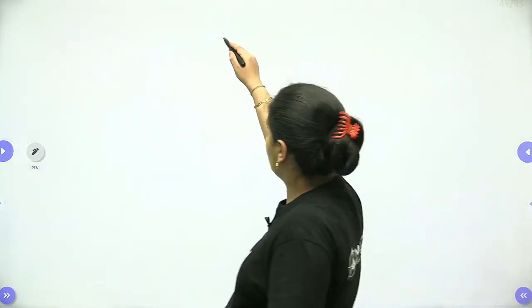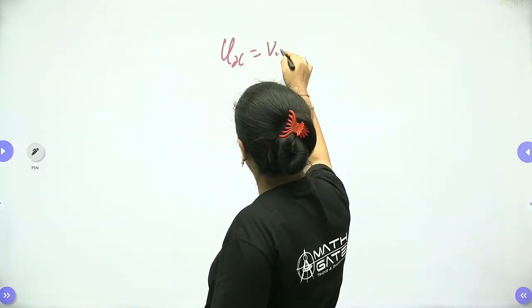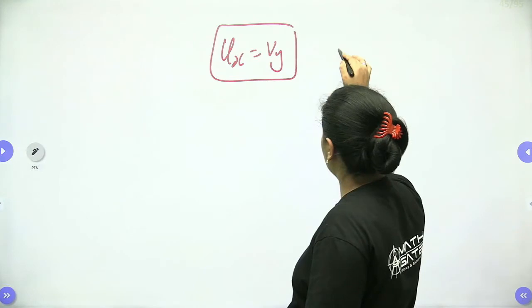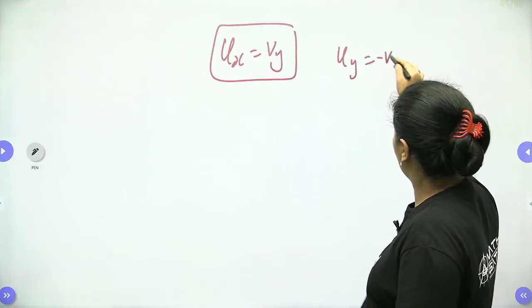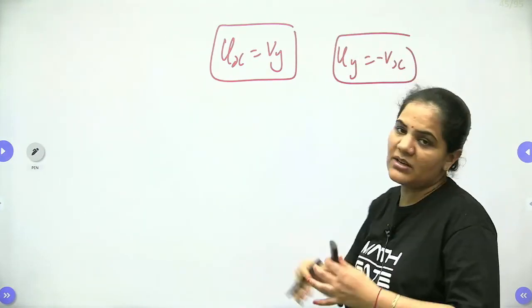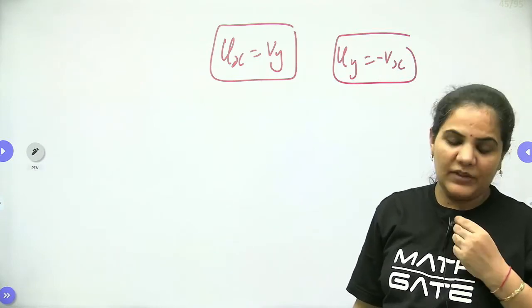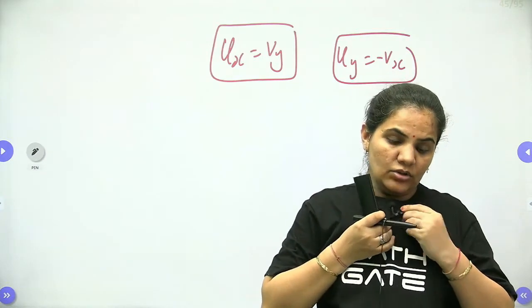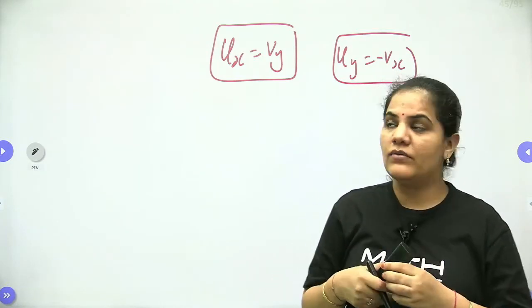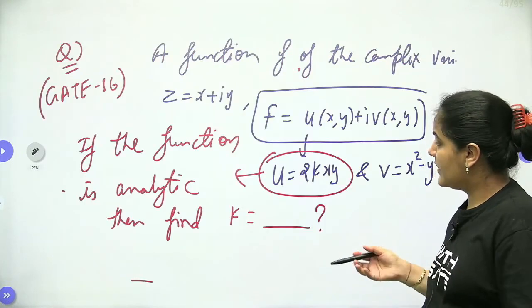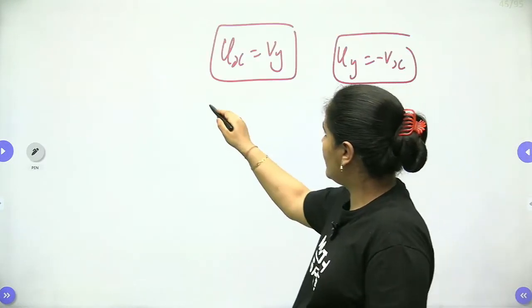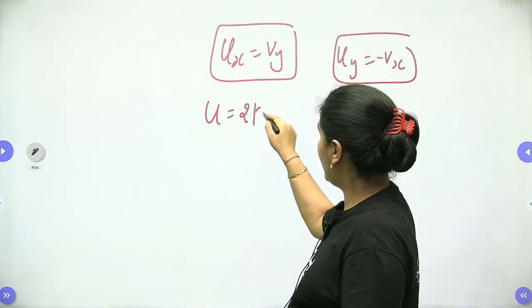We know very well that ux is equal to vy, and uy is equal to minus vx, for the Cauchy-Riemann equations. Here u is equal to 2kxy.